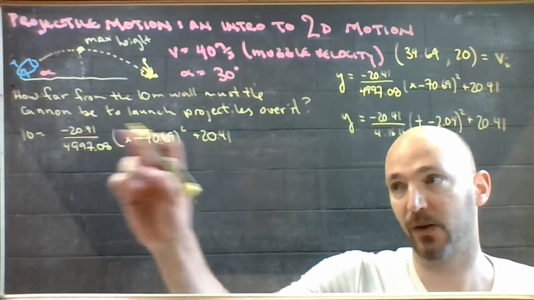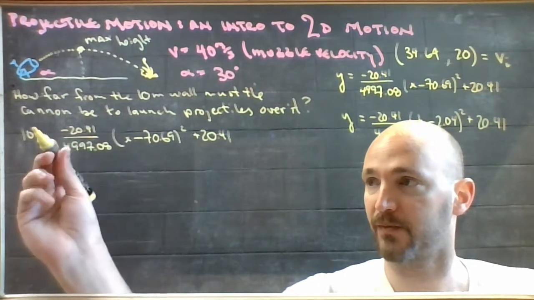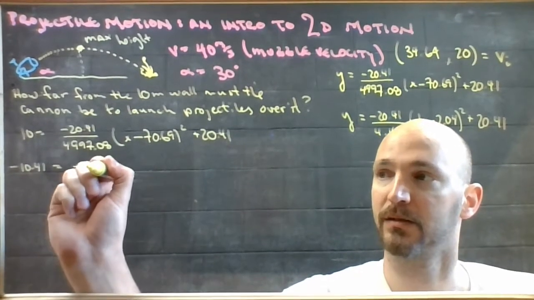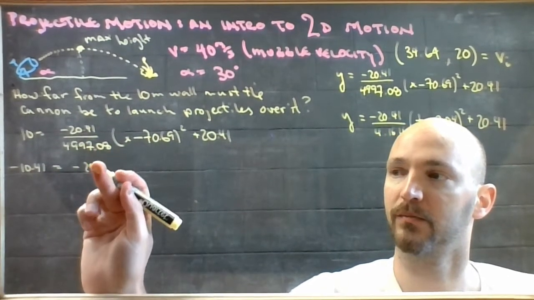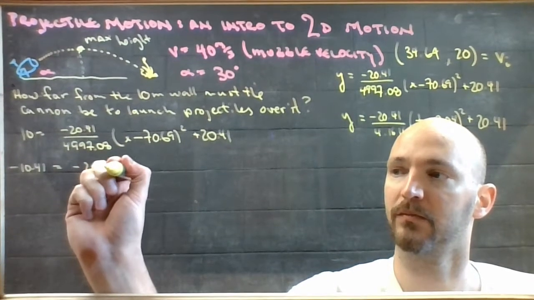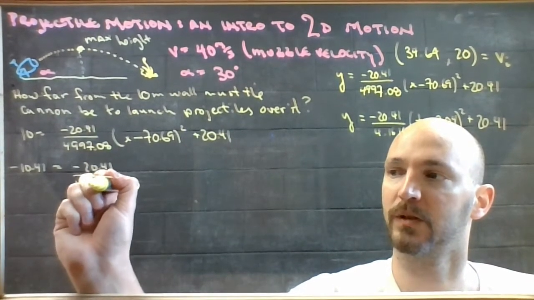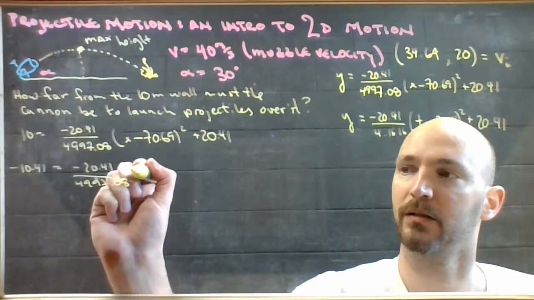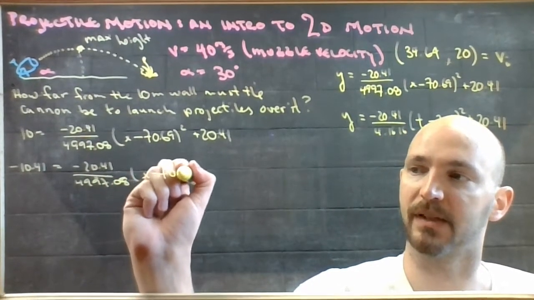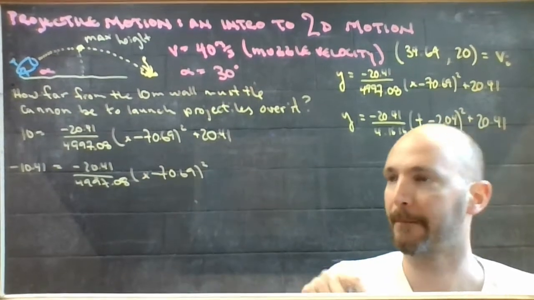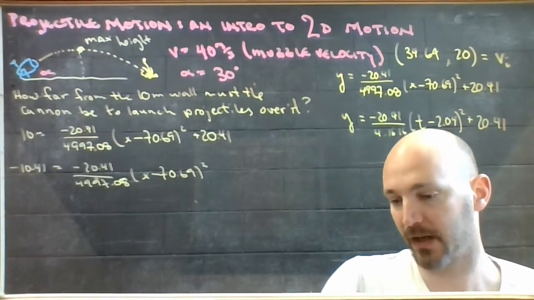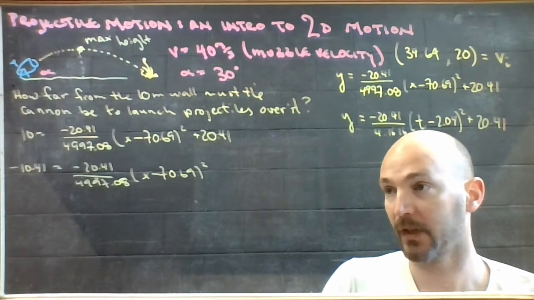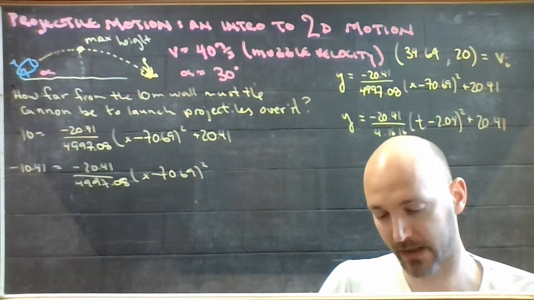So I'm going to bring that over. 10 subtract 20.41 would be negative 10.41. So I'm going to take my 10.41 and multiply by 4,997.08, which gives me 52,019.